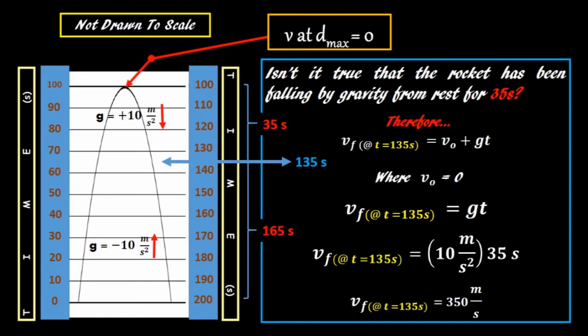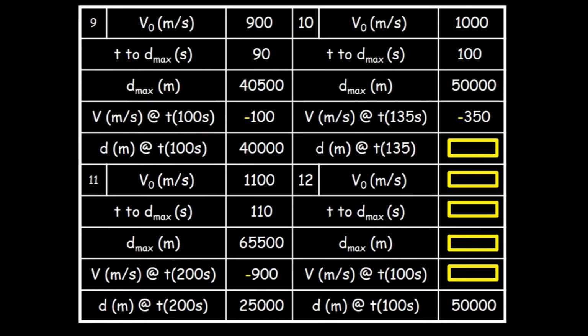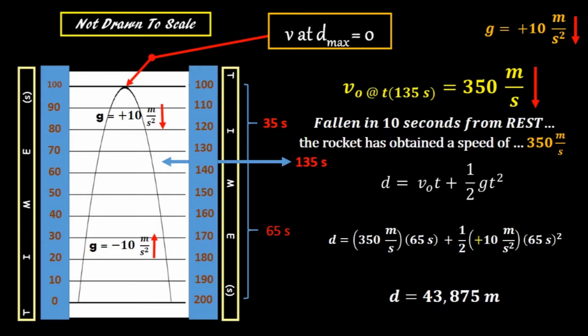Now remember, when you're figuring out the distance, the rocket is going 350. So it's going 350 for how many seconds that are left? So what is the height of the rocket? Well, how far will it travel? Well, V naught, which is 350, times whatever time is left over, plus 1/2 times a positive 10, and then 65 seconds.